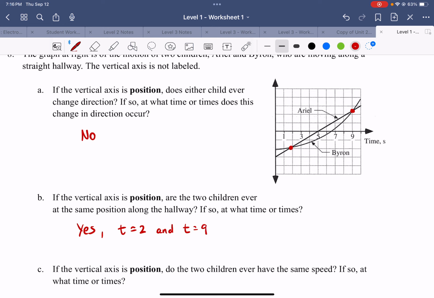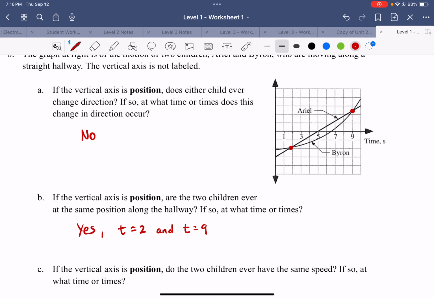All right, next: do the two children ever have the same speed? If this graph is showing position on the vertical axis, then we know that the slope of the line represents the velocity of the child. The speed is essentially the velocity with no regard for direction, so you can think of the speed at any moment in time as being the absolute value of the slope of the graph.